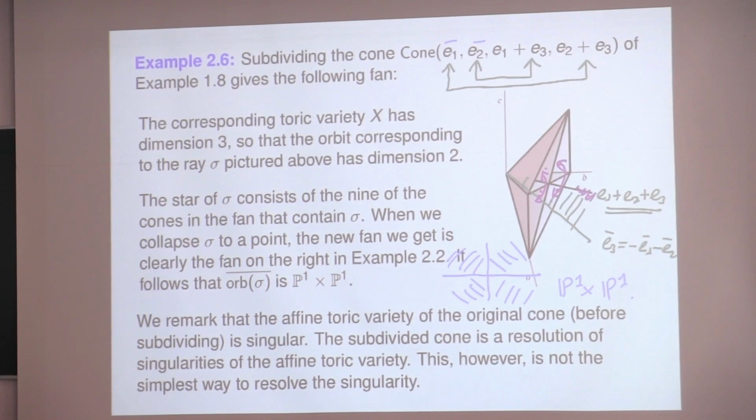I cannot leave it there because it would not intersect the remaining cones on a face anymore. So we remove sigma and identify these two. That gives you a simpler fan that also is non-singular. That's what this comment is trying to say. There are other ways to resolve the singularity that are easier. Anyway, that was just a comment.